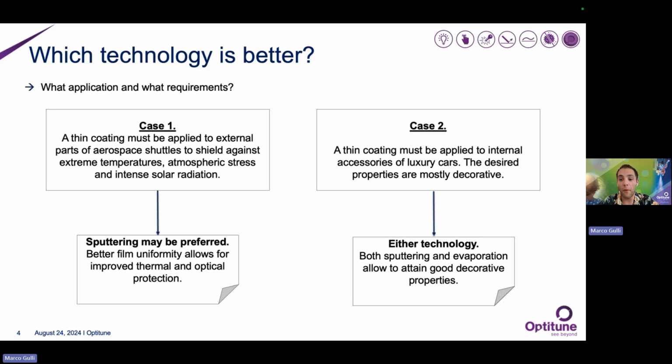So a more uniform film is much better than a porous film, which could be obtained, for example, through evaporation. So depending on the particular case, sputtering may be preferred over evaporation.